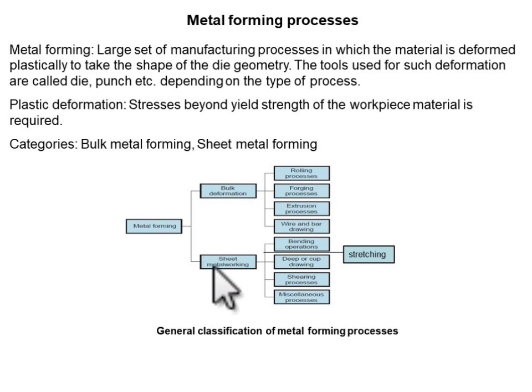If we are talking about sheet metal working, it can also be categorized into four categories: the bending operation, deep or cup drawing, shearing operation, and other miscellaneous processes. Basically these are the categories of metal forming process, and according to our syllabus we will cover most of them.